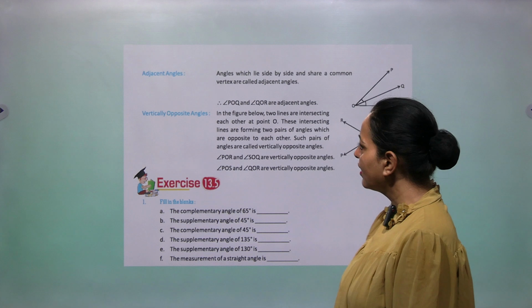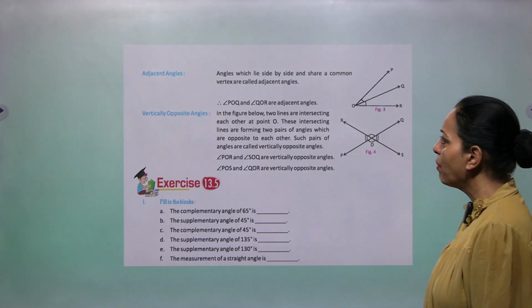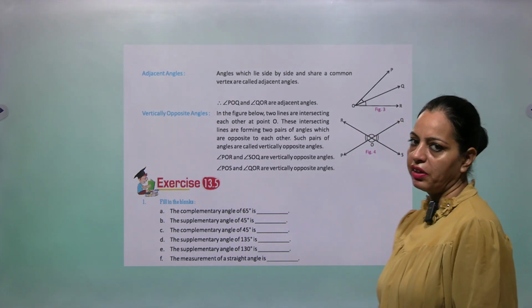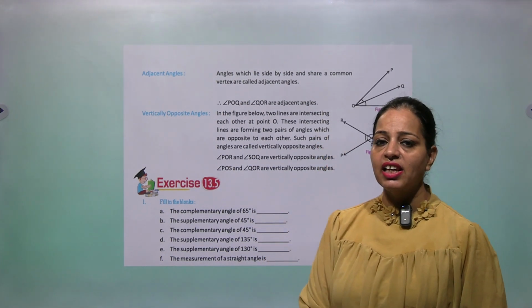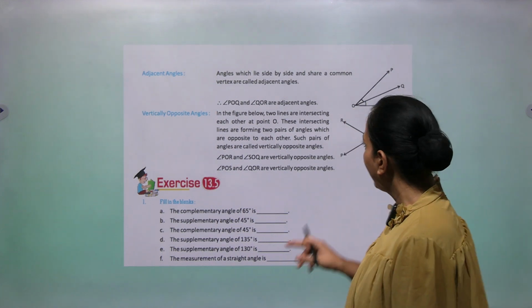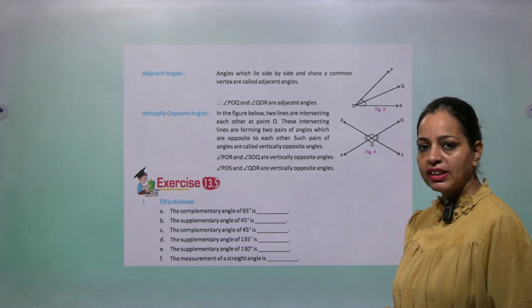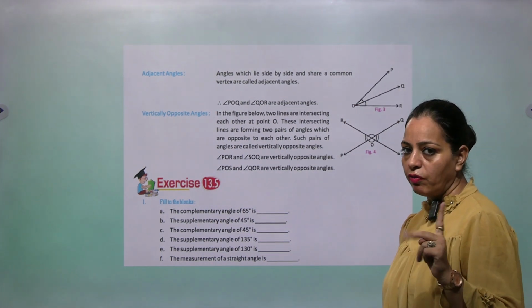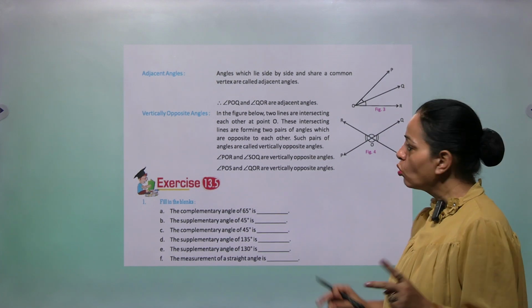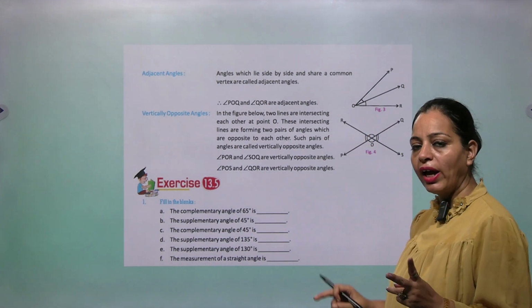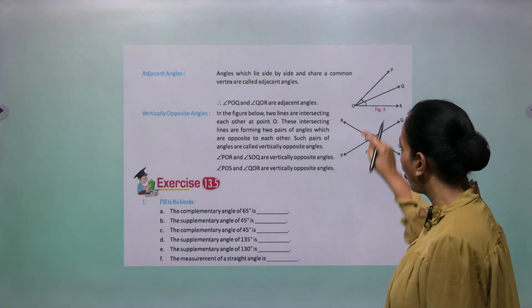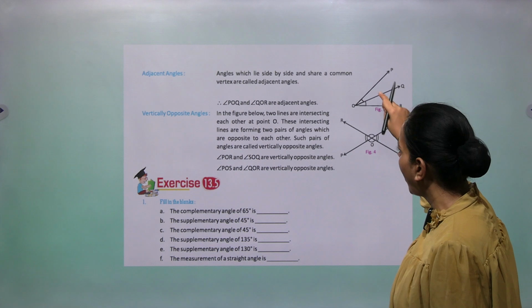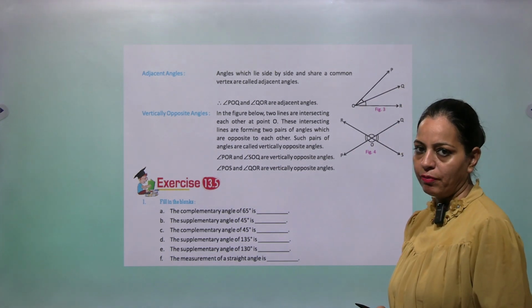Now adjacent angles, angles which lie side by side and share a common vertex are called adjacent angles. Adjacent angles की क्या property है? Adjacent angle, they have a common vertex, or you know one angle has two arms. So adjacent angles में दोनों angle का एक common arm, there should be a common arm, और वो जो common arm है बाकी two arms के बीच में होनी चाहिए, okay?